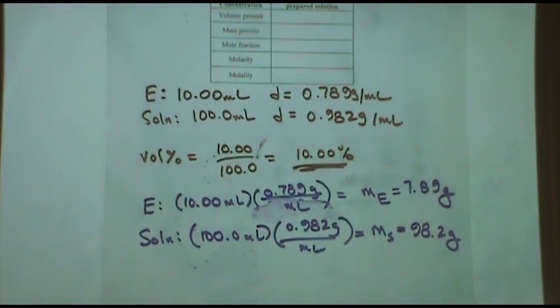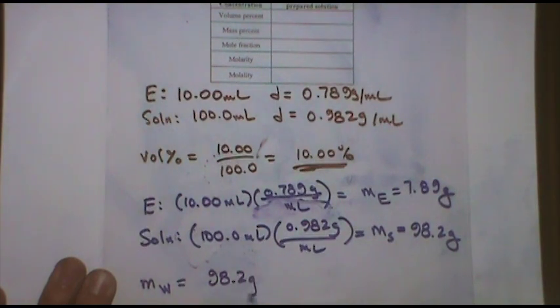In case I wanted the mass of the water, the solvent, how would I find that? Yeah, this you can subtract. So the masses you can add and subtract, but you can't do that with the volumes. Okay? So the mass of the water, I'll put W, is just 98.2 grams minus 7.89 grams.